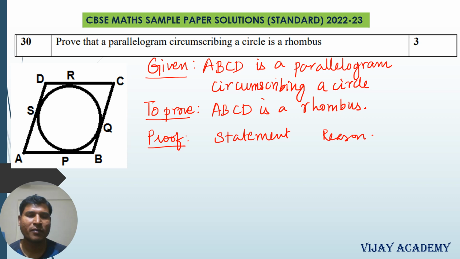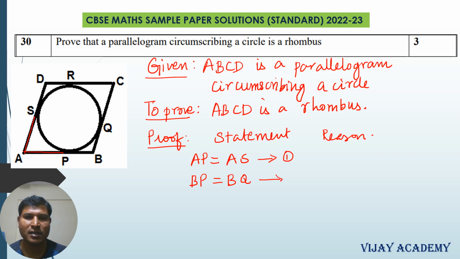So the first one, let me write AP equals AS. These are the tangents drawn from external point A to a circle. They are equal. So AP equals AS. Let me take this as equation 1. And second, let me write BP equals BQ.